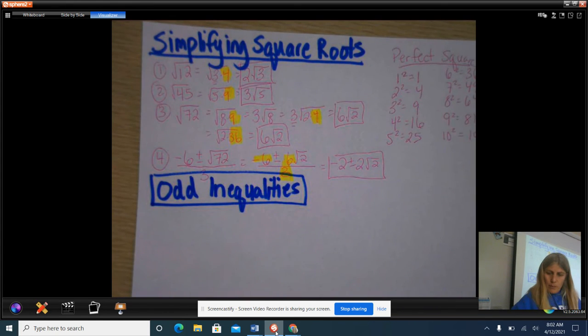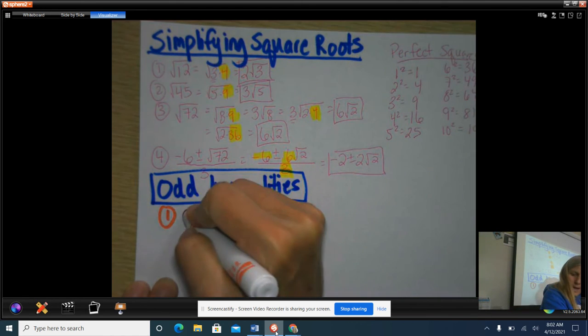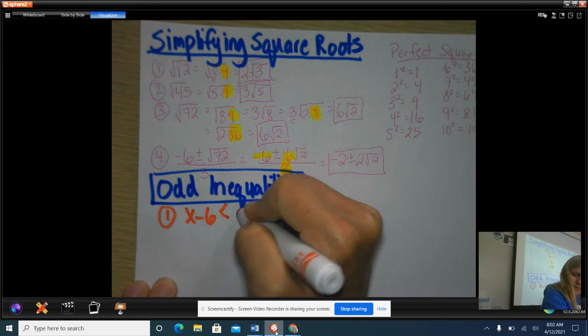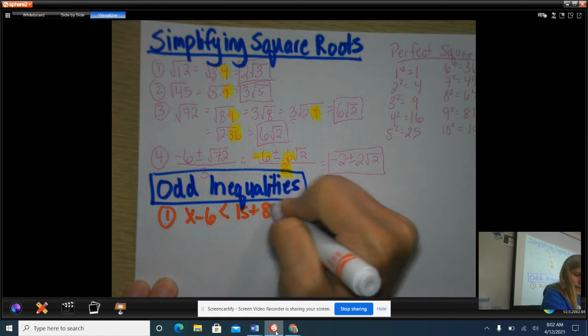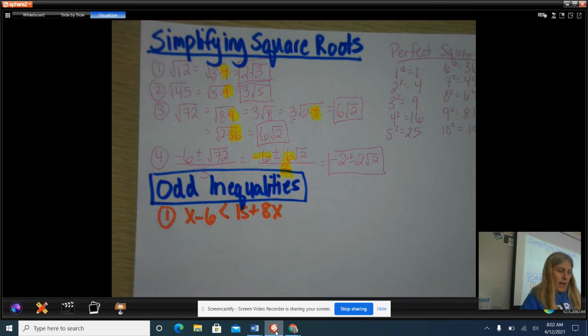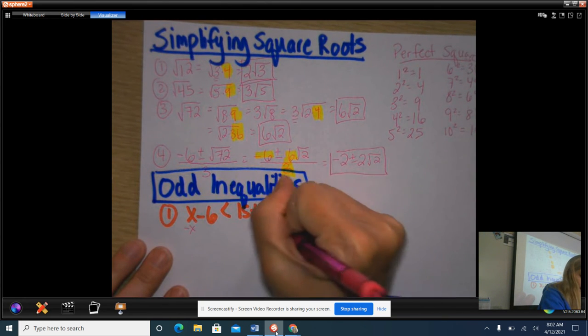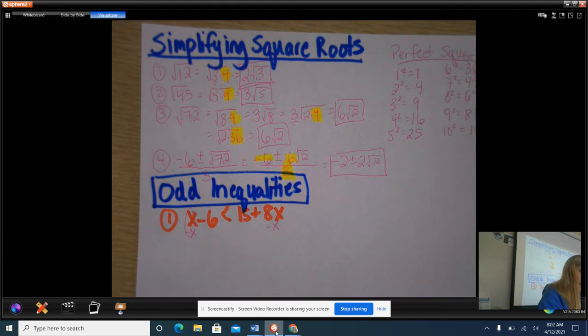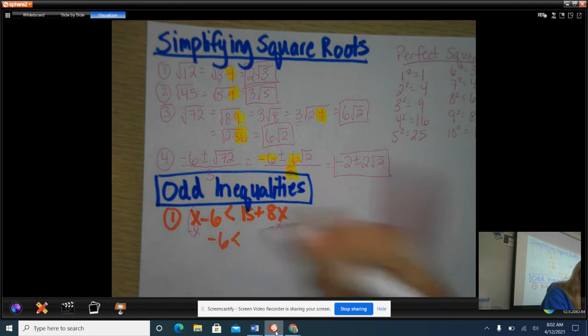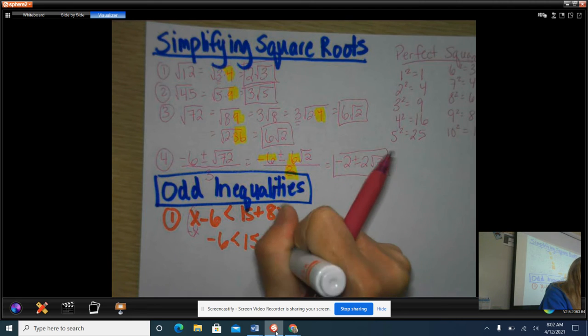Our first problem here, and once again, we're solving for these inequalities, is x minus 6 is less than 15 plus 8x. We're going to solve for x. So I'm going to subtract x from both sides. That leaves me with negative 6 is less than 15 plus 7x.